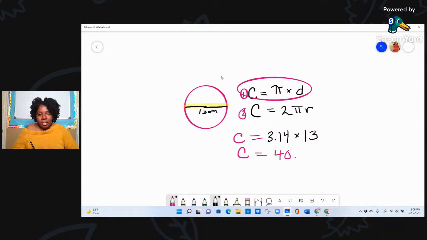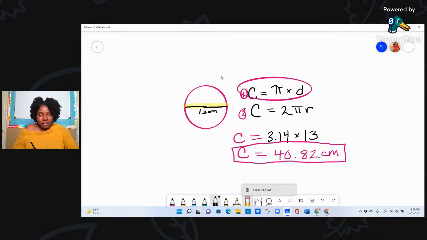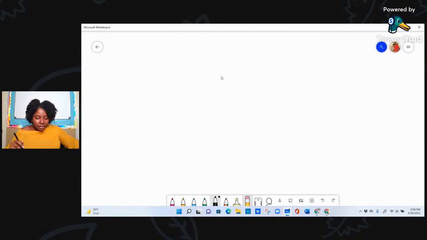So you get 40.82. And it was centimeters. Just like perimeter, it's still centimeters. And we're done. All right, so that's how we would find circumference. Bam.